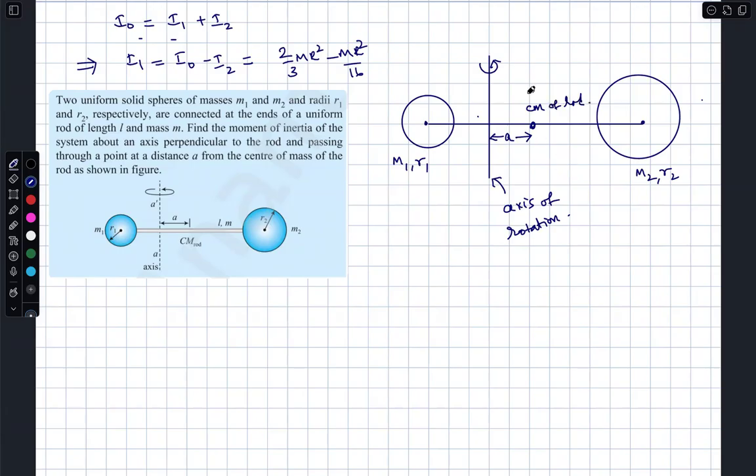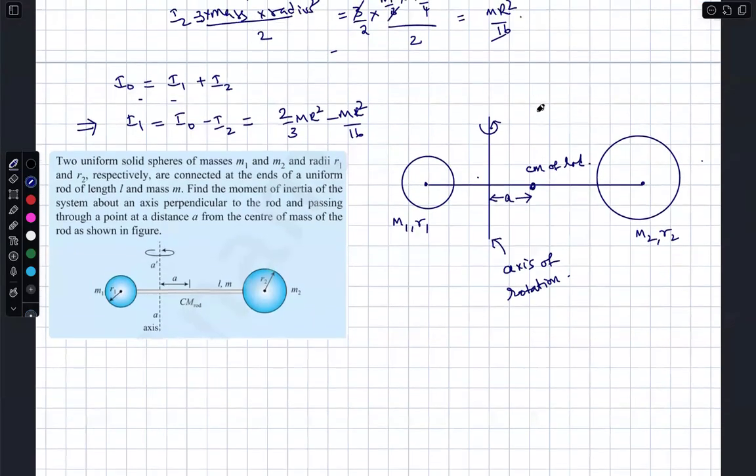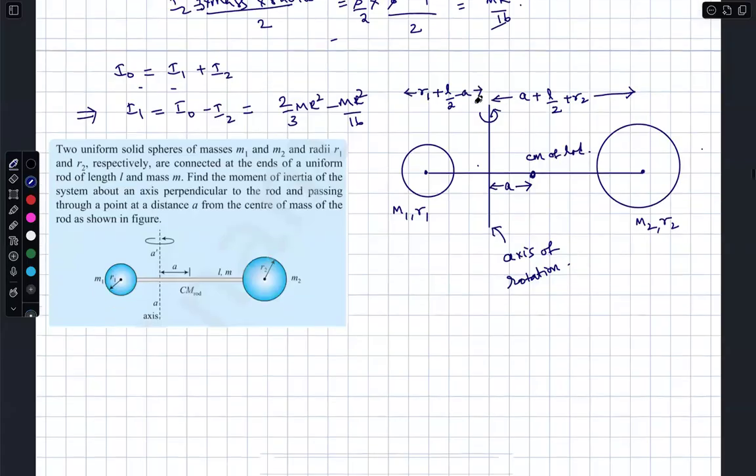I just want to see what this distance is. It is a plus L by 2 plus R2. And what about this one? R1 plus L by 2 minus a. That's it.